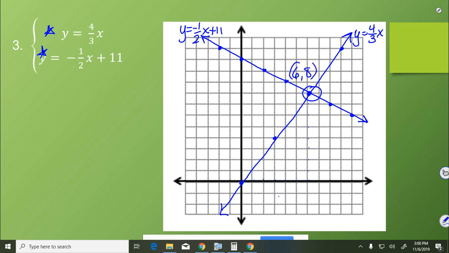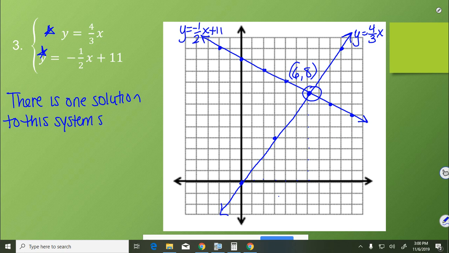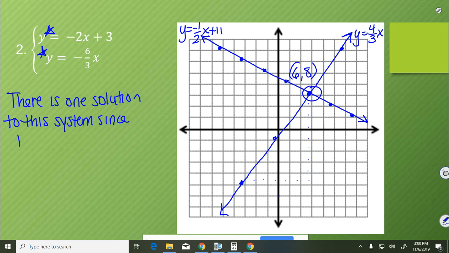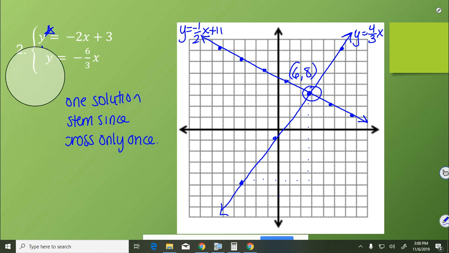So we could say again, there is one solution to this system since the lines cross only once. Okay, let's take a look at another example.